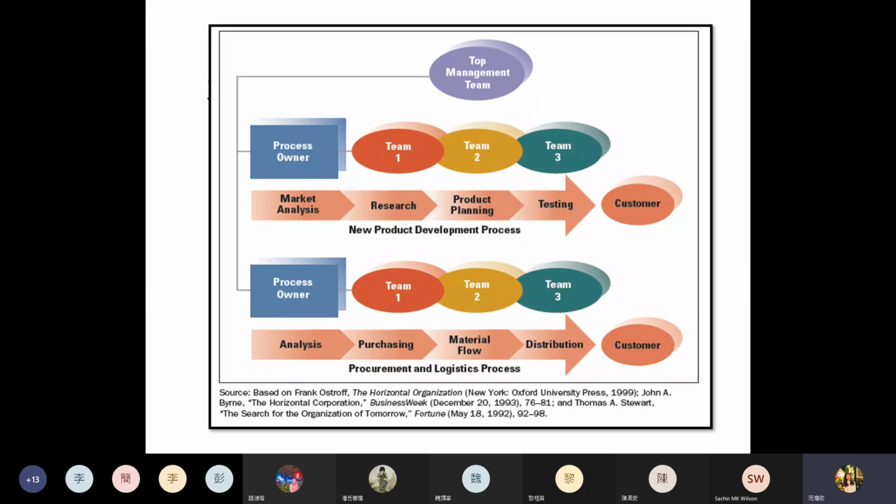So they have 4 teams working together, and each team has 10 to 15 members. Of course, they are multi-skill team members. So they have 1 as process owner. It's kind of similar to what you see in this figure. The process owner here will be 1 team. They will be the one receiving information about the orders.